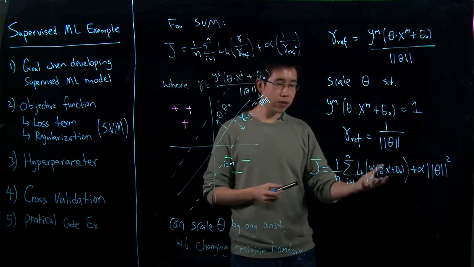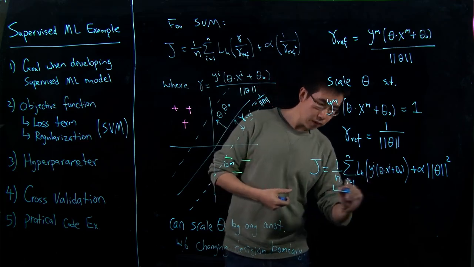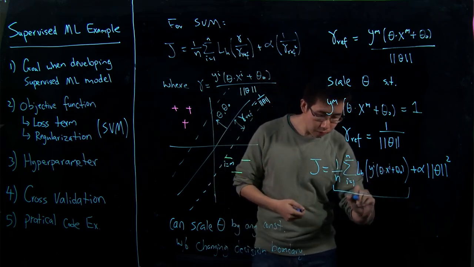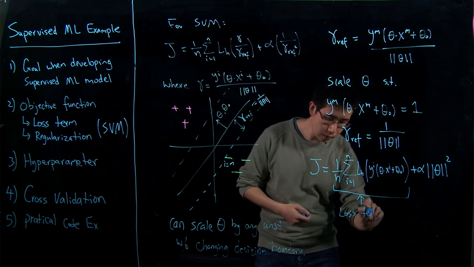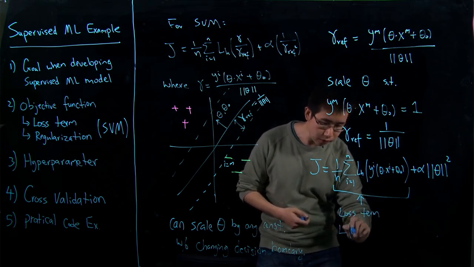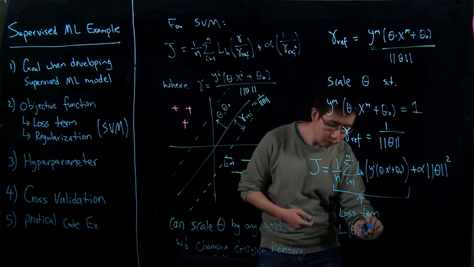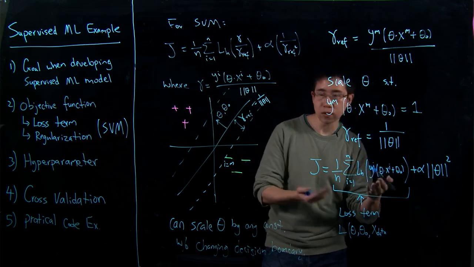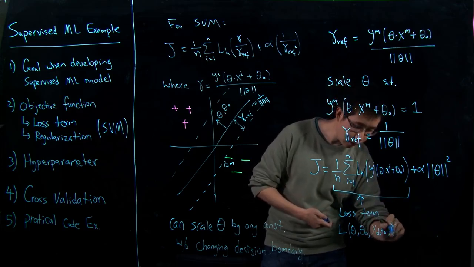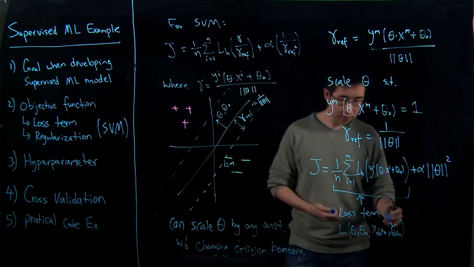So again, tying back to the previous video, this part here is the loss term, which is a function of theta, theta naught, x data, which is the x data points in the training set, and y data, which is the labels of the training set.